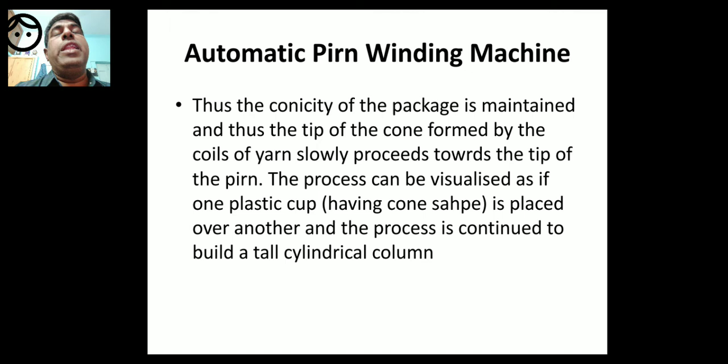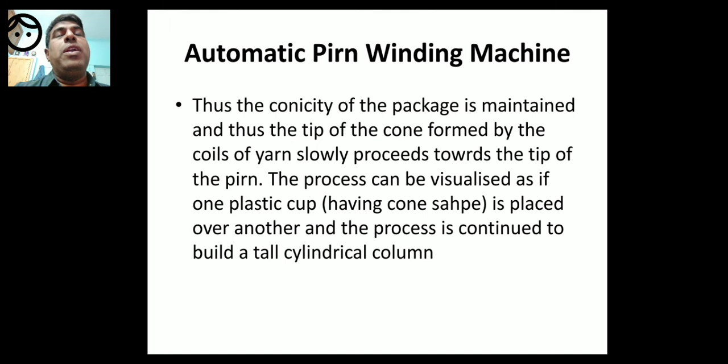You might have seen this in tea shops that there are plastic cups, and one plastic cup is placed over the other, and if you put like that 100 plastic cups, then it will form a tall cylindrical column.